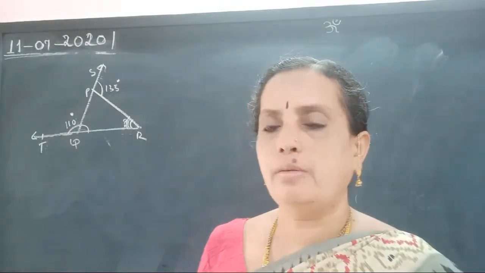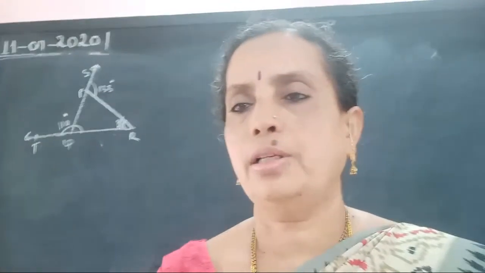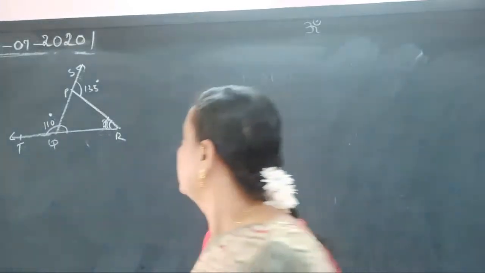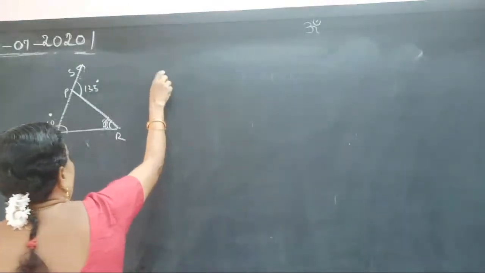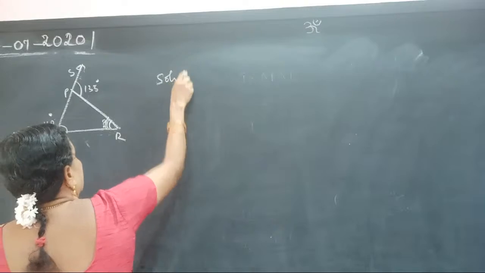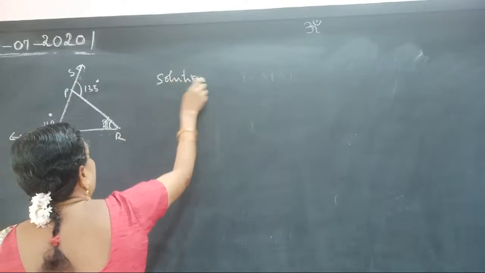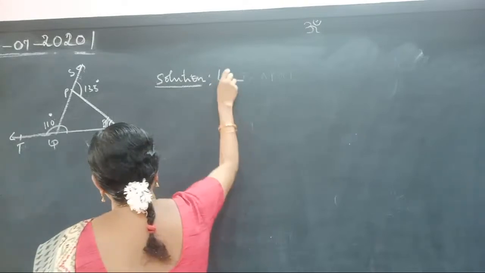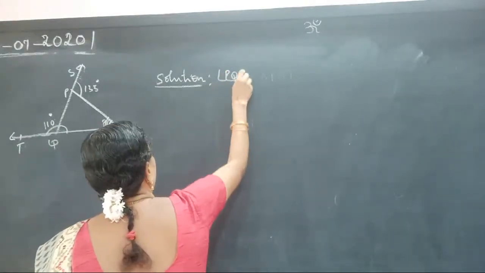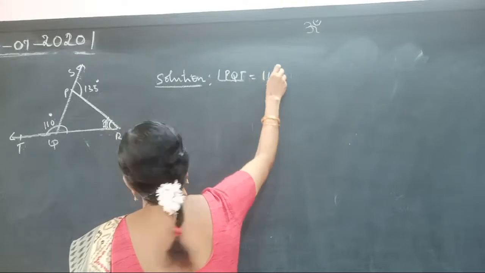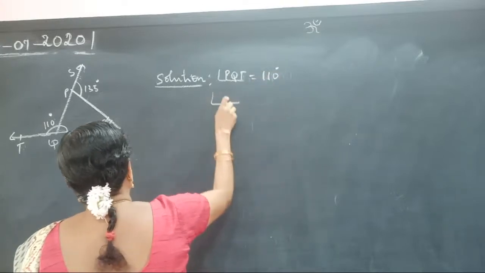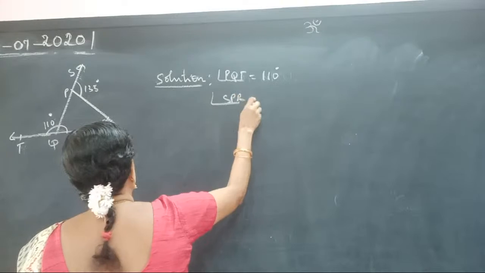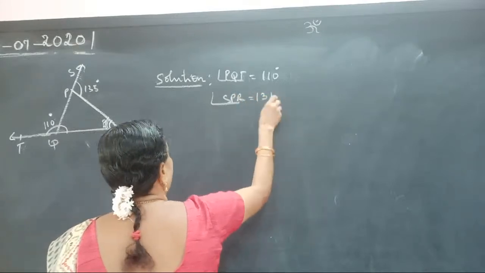Now we'll go with the answer to this question. Write the heading here, solution. One by one I am introducing the parts. What is given? Angle PQT equals 110 degree. Angle SPR equals 135 degree.